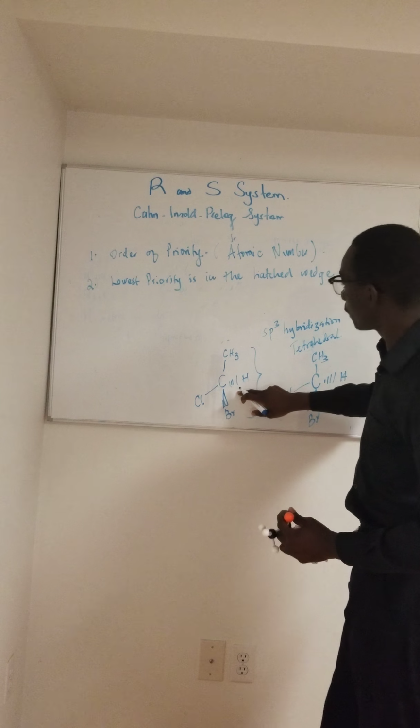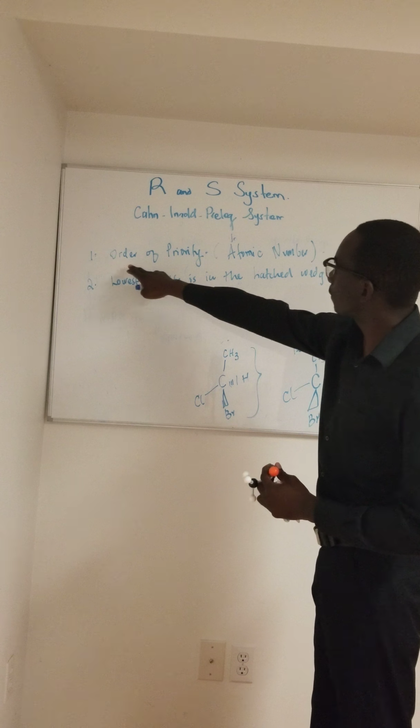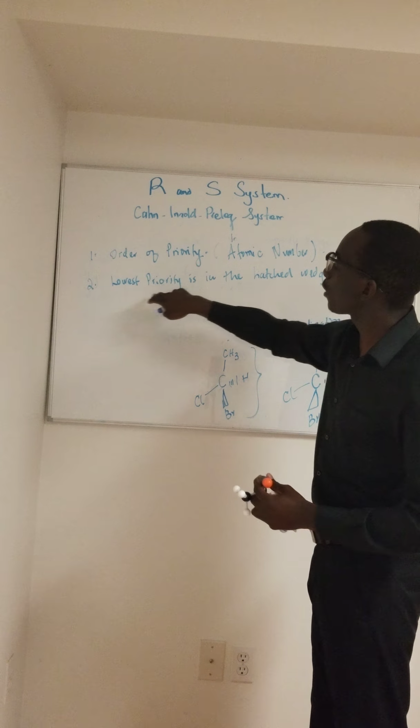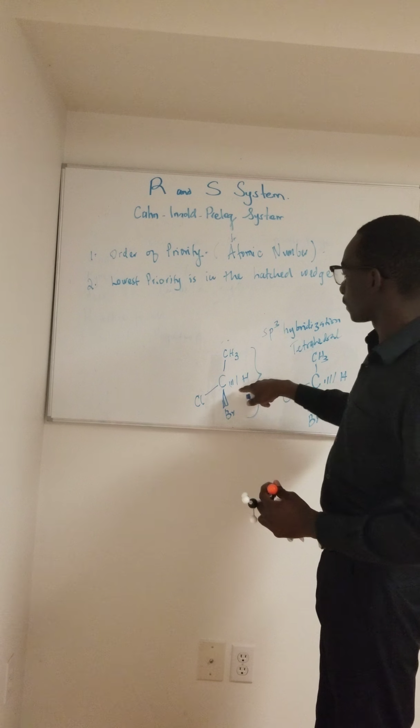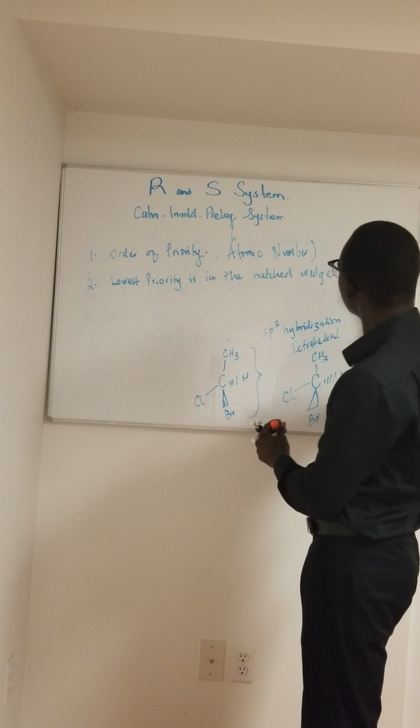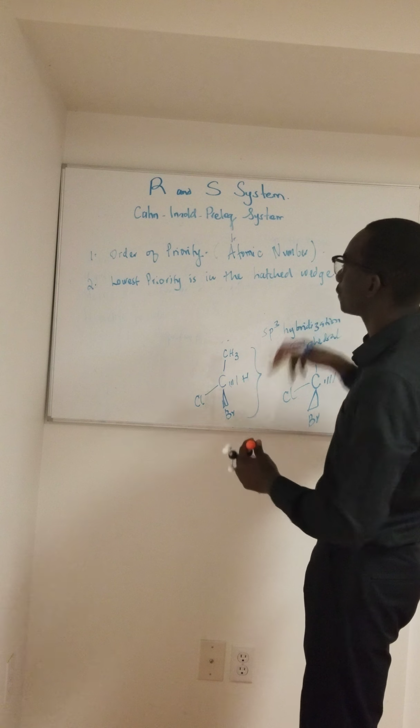So this is the hatched wedge. So after giving them the order of priority, the lowest priority must be in the hatched wedge. And usually it's hydrogen. Sometimes it's not hydrogen, but most of the cases it's hydrogen.